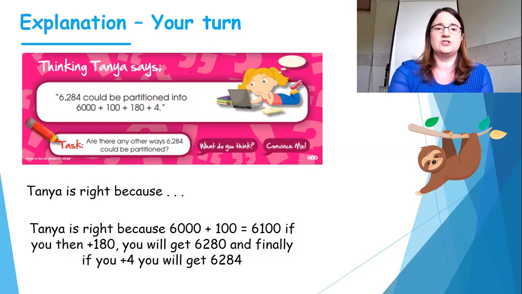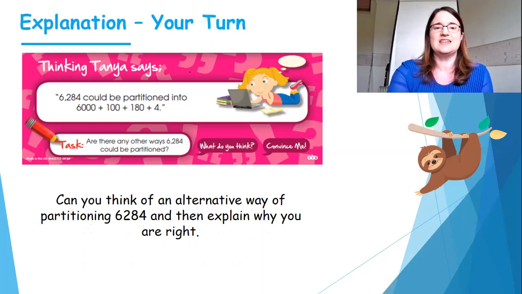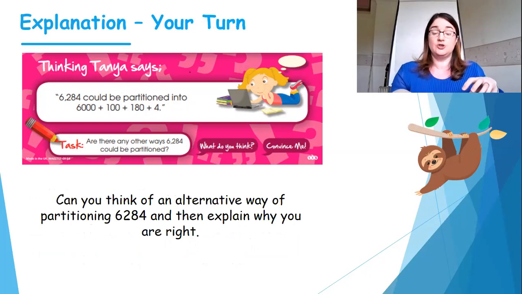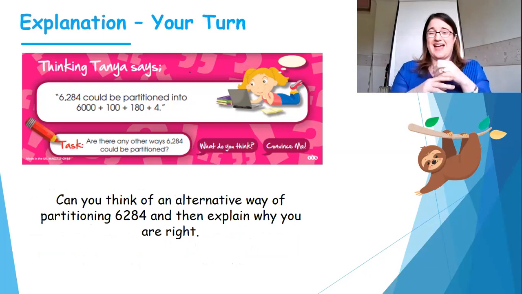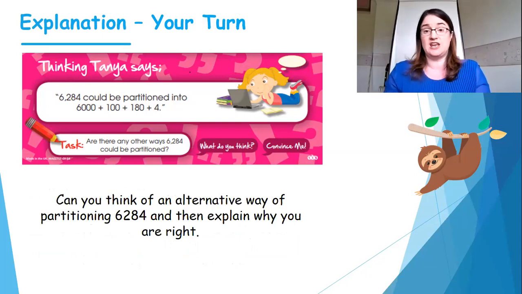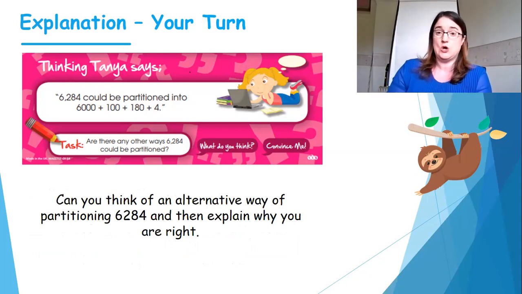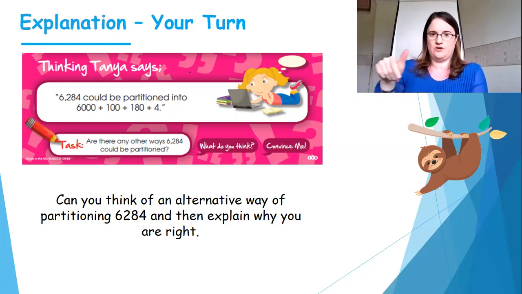So what I'm going to ask you to do now is to think about a different way of partitioning that number. So you're going to start with 6,284 again, like we did yesterday, and you're going to think of another way of partitioning it that's not the same as Tom's and not the same as Tanya's. And you're going to write it down. So you're going to write your name, so Sophie says, or John says, or Jack says, and then you're going to write your statement.